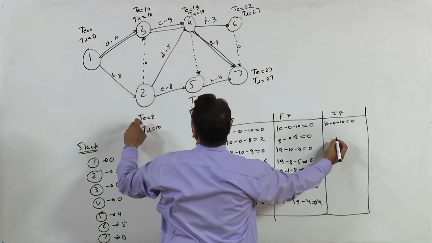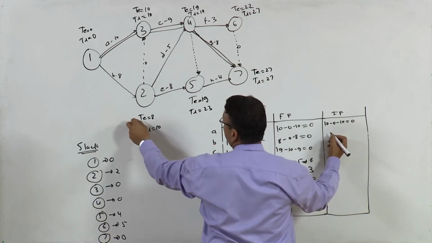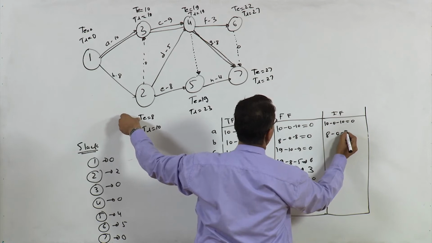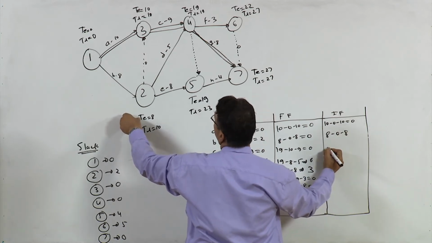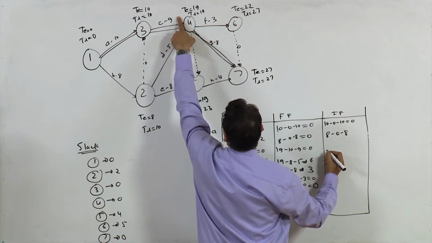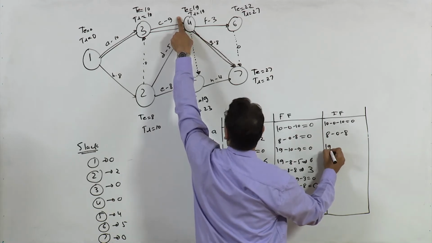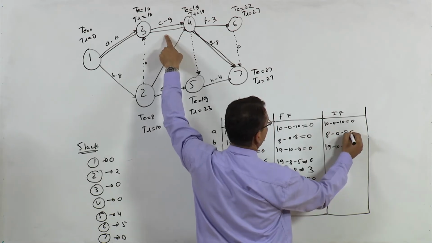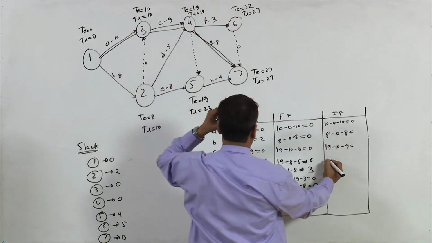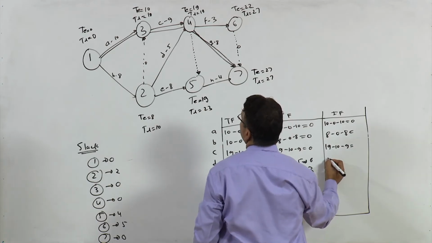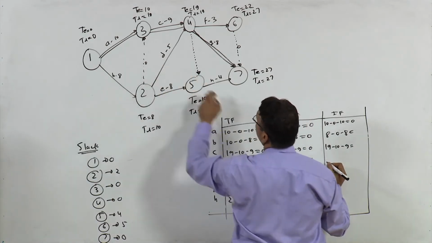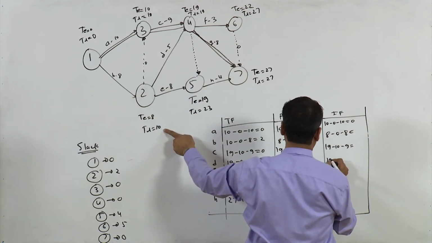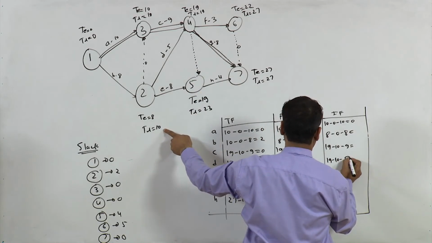Then TE minus TL, right? So this is 8 minus 0 minus 8. For C, again TE minus TL, so 19 minus 10 minus 9, right? We'll write all these values after some time. Now for D activity, TE minus TL, so 19 minus 10 minus 5.